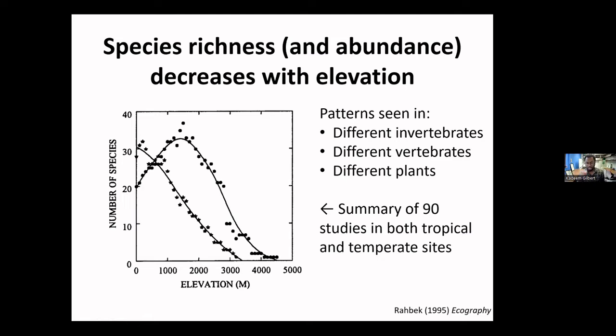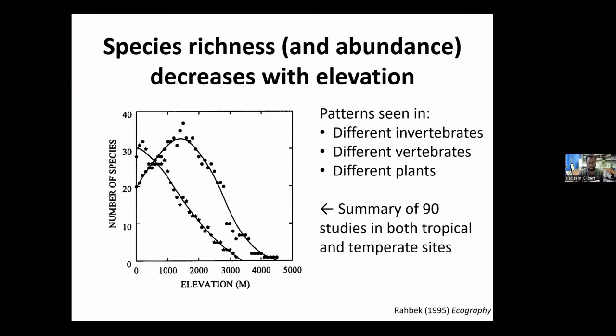So this is just a meta-analysis of several studies, and this holds still today. On the other hand, microbes have really not been studied in this context for very long. It's only in the past 10 years that we've really had the technology to look at microbes carefully. So a lot of these large-scale ecological questions have not incorporated microbes.